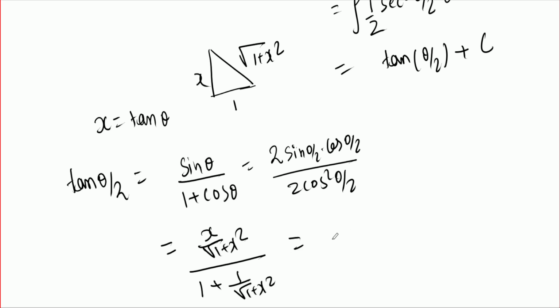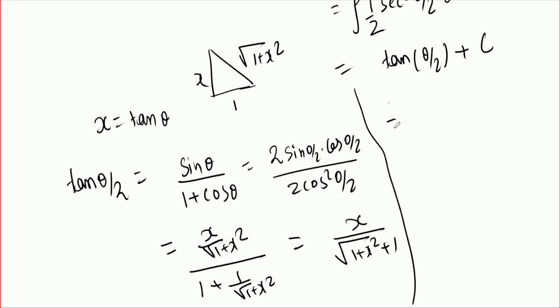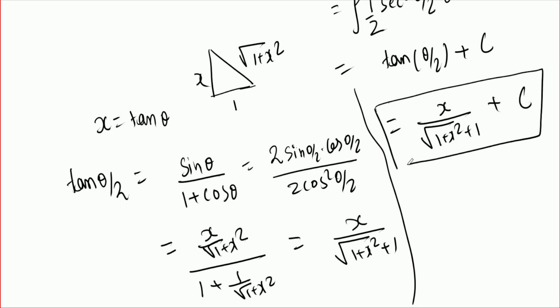And if I simplify this, we get x over root under 1 plus x square plus 1. So tan theta by 2 is this. So my answer would be x over root under 1 plus x square plus 1, plus c. Yeah, so this is the answer.